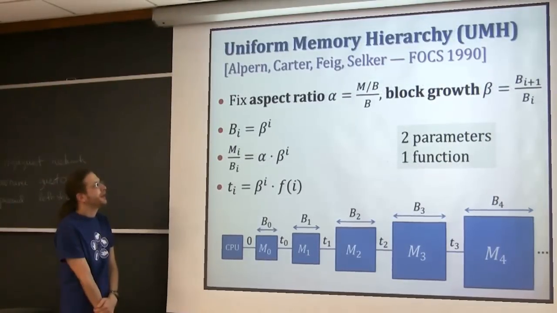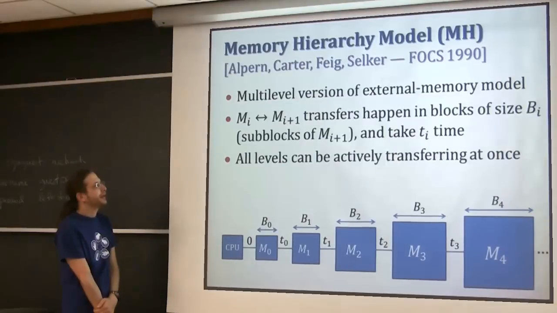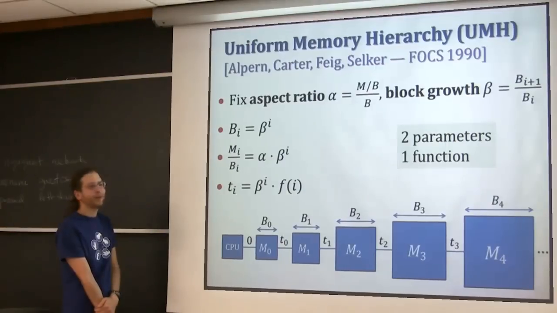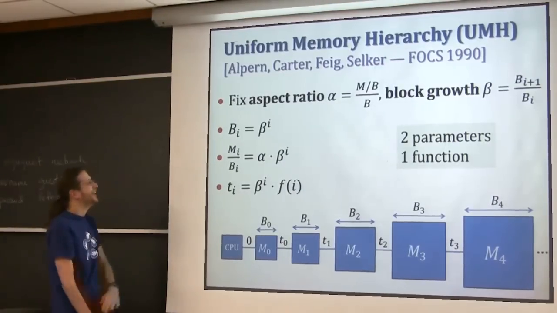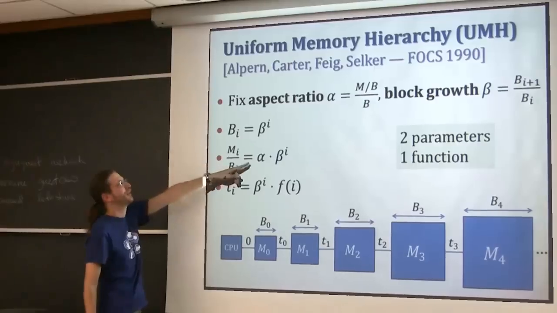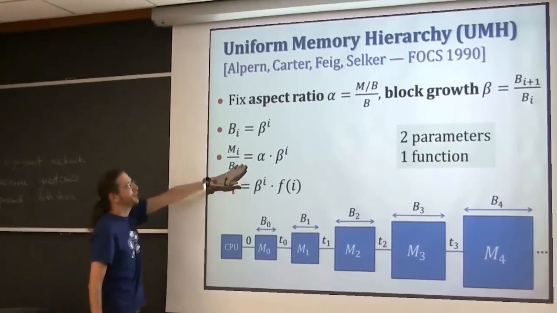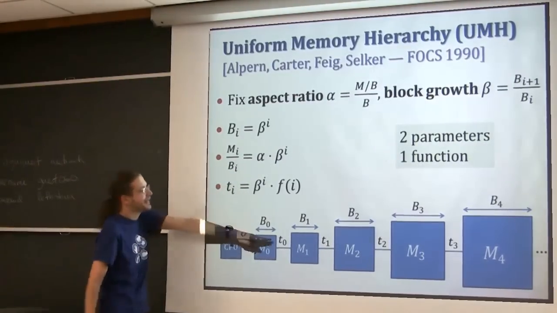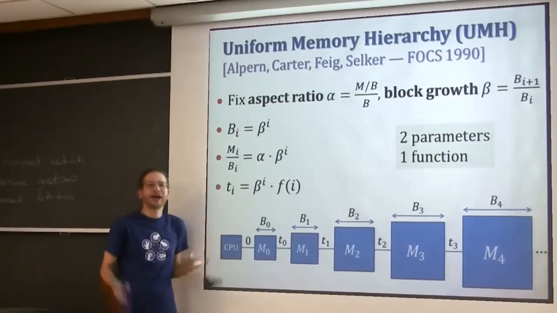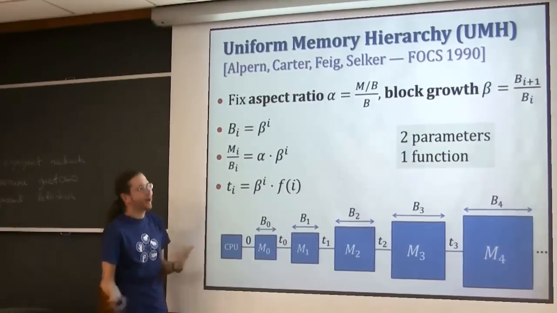And they thought, oh, well, L parameters for an L-level hierarchy is too many. So let's reduce it to two parameters and one function. So assume the Bi's grow exponentially. These things grow roughly the same way with some aspect ratio alpha. And then the Ti's, this is the part that's hard to guess, but it grows exponentially. And then there's some f of i, which we don't know. Maybe it's log i.